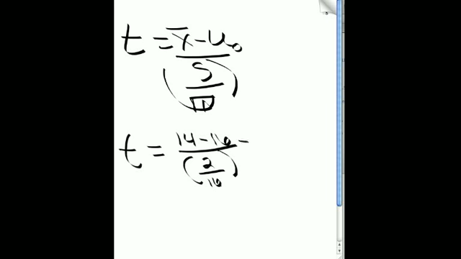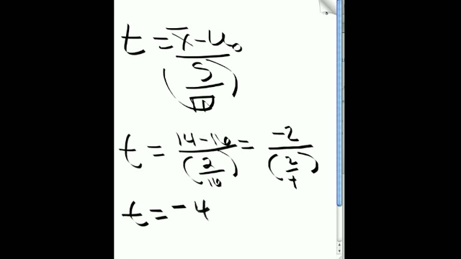So we have minus 2 up here, divided by 2 over 4, which is going to yield us minus 4. So we have the first part done: t is equal to minus 4.